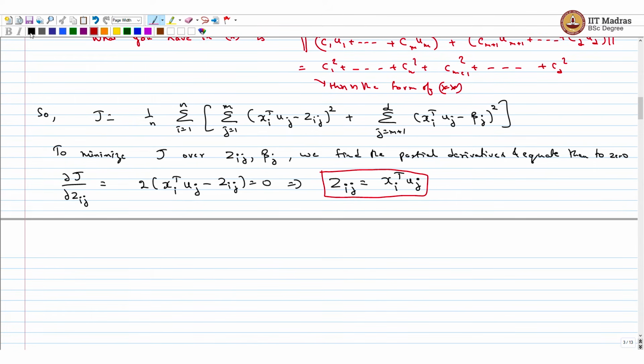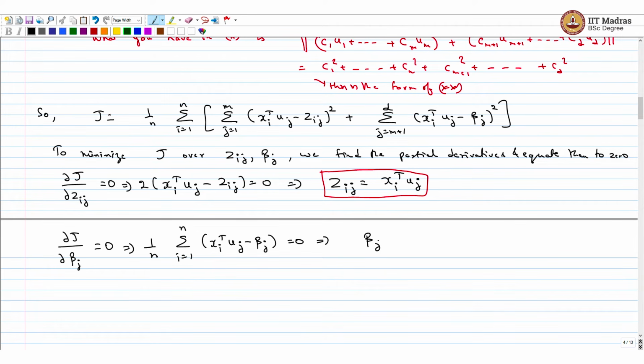Now proceeding similarly for beta, let's do dou J by dou beta j. I have to equate this to 0. This beta j appears within a summation, it's not just one term. So what I would get is 1 by n summation i equals 1 to n, of (xi transpose uj minus beta j), and this will be equal to 0.